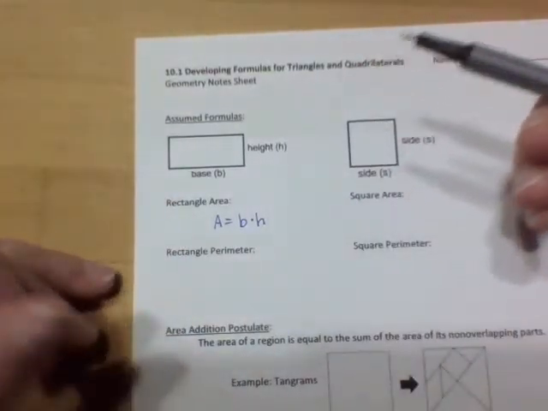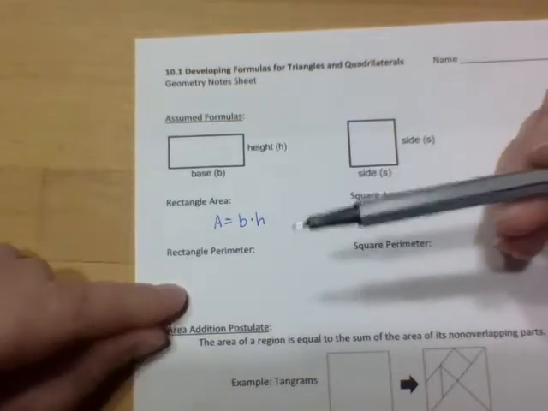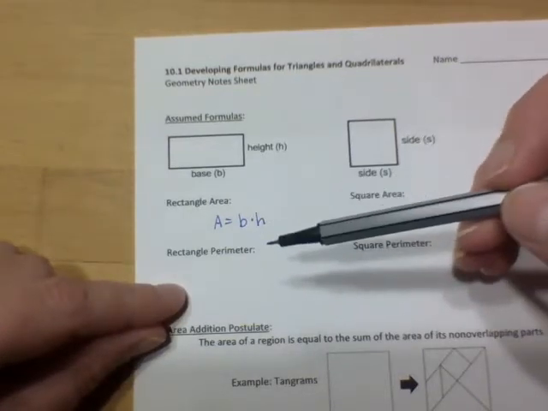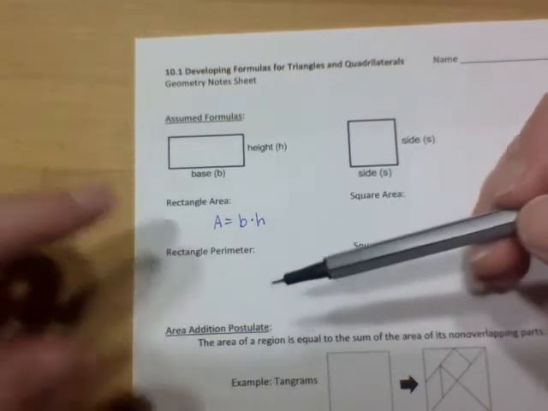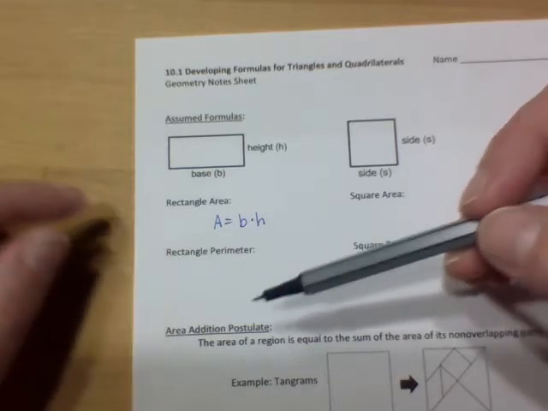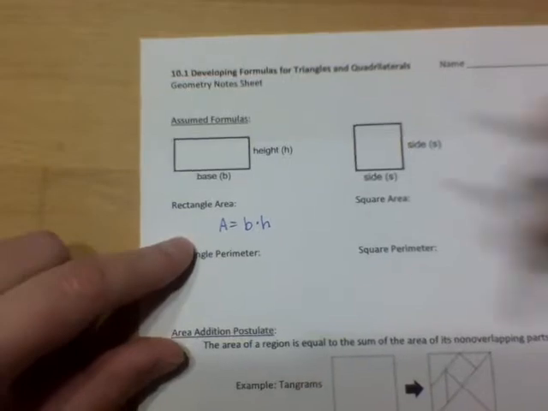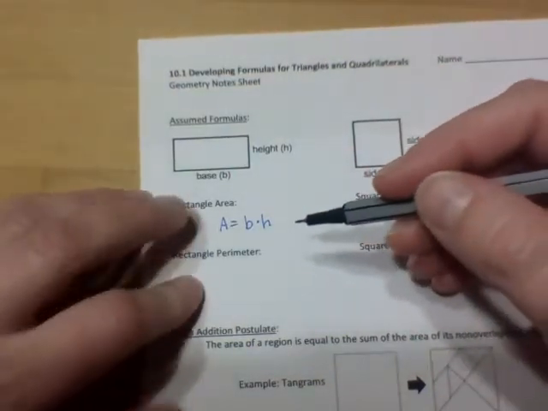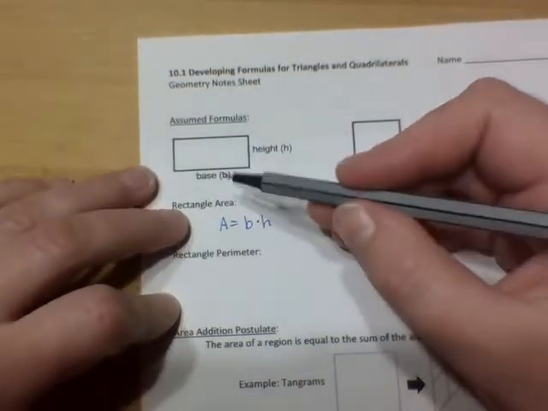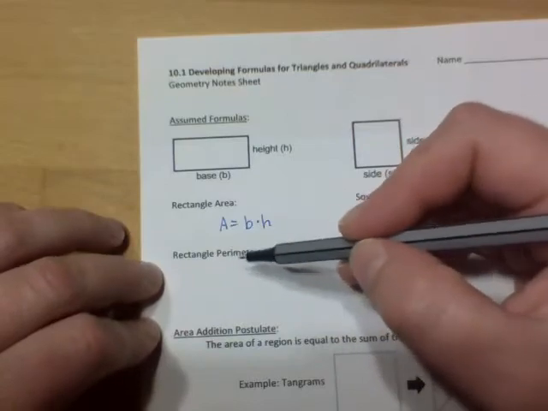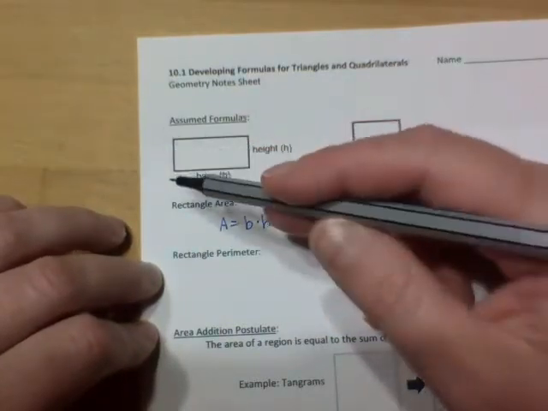Again, length and width are sometimes mentioned, okay? But in this case, we are going to go with base and height because it's used in basically every formula after this, whereas length and width are not. So, if we want our perimeter, remember perimeter is the distance around an object.